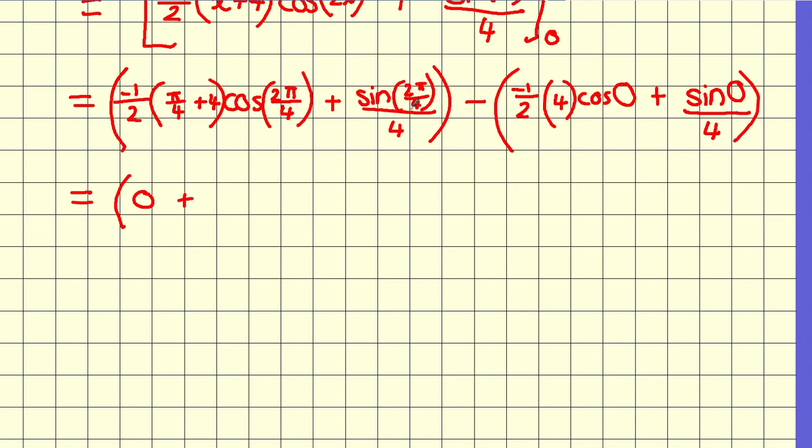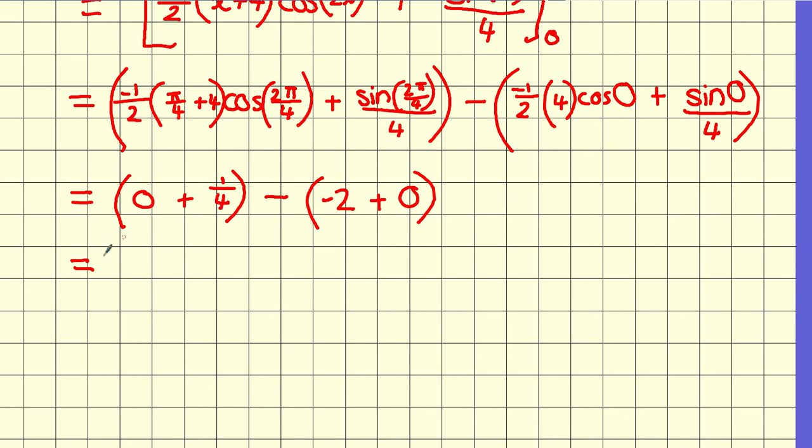So sine 2 pi over 4 gives you a quarter. Take away, just going to type this part in. That first part just gives you -2, plus, and I know that sine of 0 is just 0 as well.